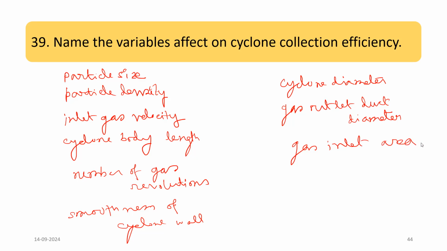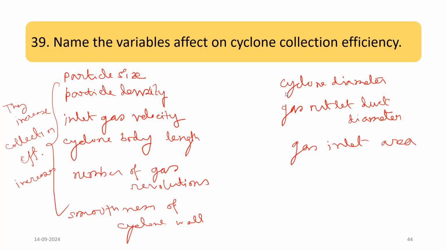So what will happen if these things increase? Collection efficiency increases for the first list.